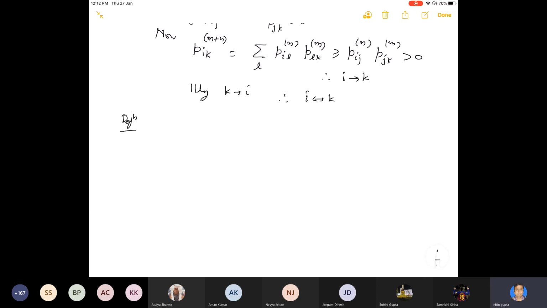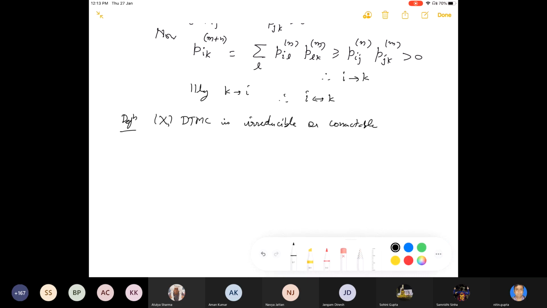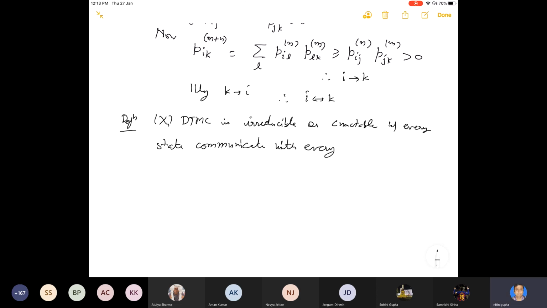So now, a Markov chain X_n, a discrete time Markov chain, is said to be irreducible or connectable if every state communicates with every other state.